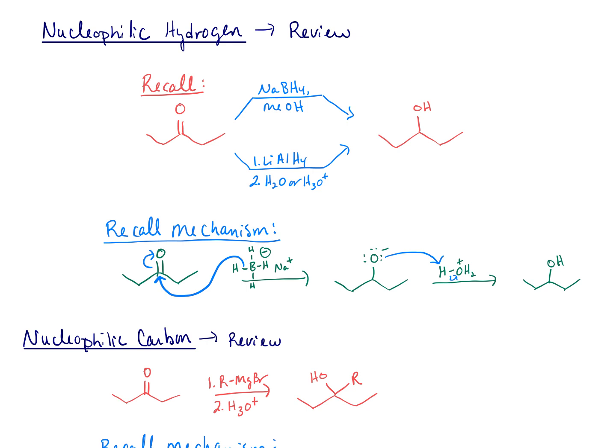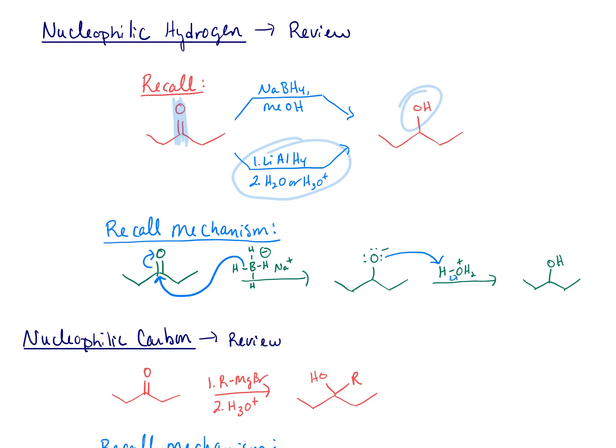So let's recall some reactions that we've already done involving aldehydes and ketones. Remember, we can take that C-double-O bond right there. Oops, sorry, I had the wrong tool out here. We can take that C-double-O bond right there and turn it into an OH using either NaBH4 in methanol, or we can do that using lithium aluminum hydride followed by water or acid.